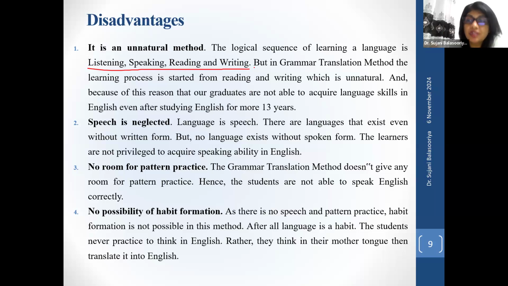So to do the translation, first you have to read the given sentence and write the translation. Only reading and writing are involved. So it itself breaks down the natural order of language learning and acquisition.